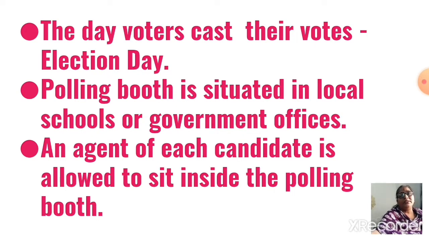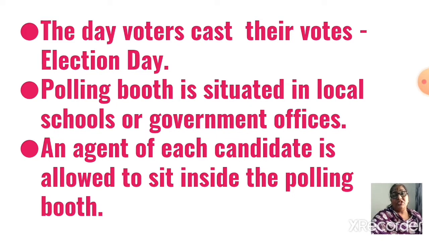One more thing, that is an agent of each candidate. Whichever party candidates are contesting the election, one agent of each candidate is allowed to sit inside the polling booth.